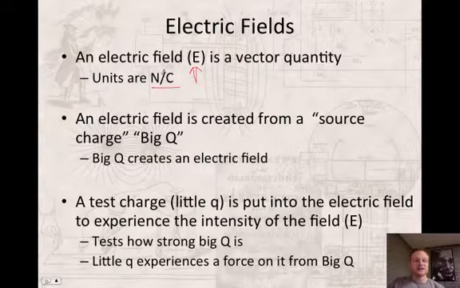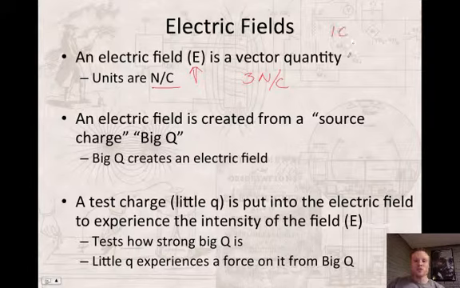Let's say I have an electric field of 3 newtons per coulomb. What is that actually saying? Basically, if you have a 1 coulomb charge in this 3 newton per coulomb electric field, it will feel a force of 3 newtons.